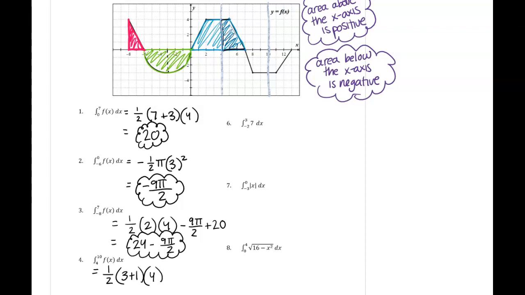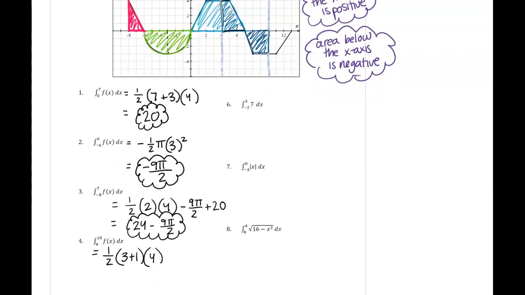And then we have the other partial trapezoid, and this is going to be subtracted. Sorry for calling it half. The other partial trapezoid is underneath the x-axis, so it's negative. So we'll subtract 1/2 times the sum of the bases, which is 3 plus 2, times our height, which is 3.